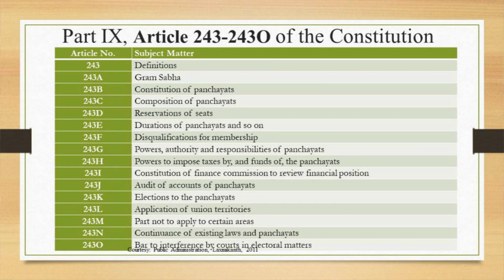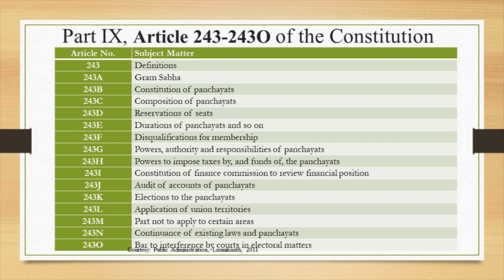Now, let us look at Part 9, Articles 243 to 243O of the Indian Constitution, which provides for the establishment of Panchayati Raj institutions in India. Article 243 deals with the definitions of district, Gram Sabha, Panchayat, village, etc. And Article 243A deals with Gram Sabha.